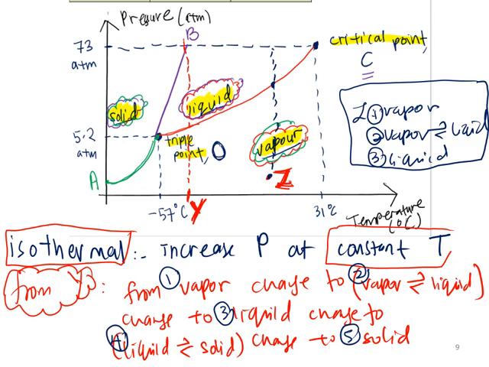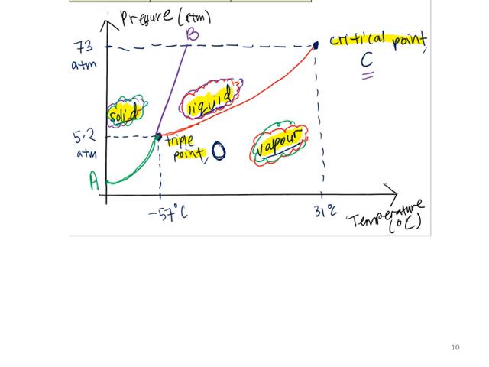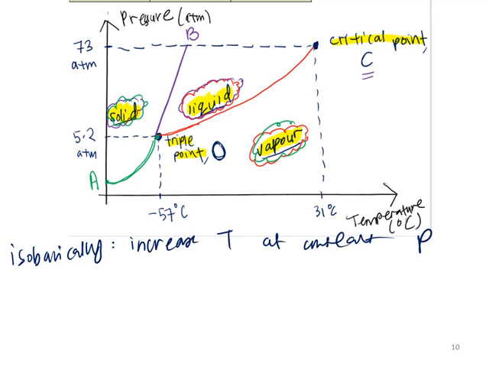Boleh? Okey, seterusnya kita tengok pula how to explain for the isobarically process. Kalau isobarically process maksudnya increase in temperature at constant pressure. Kali ni kita akan kekalkan nilai tekanan.